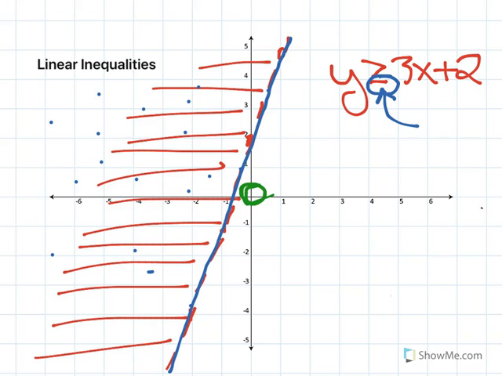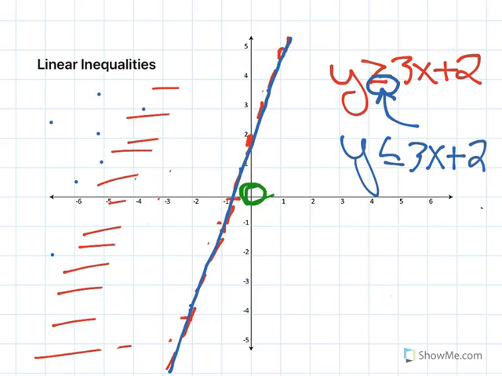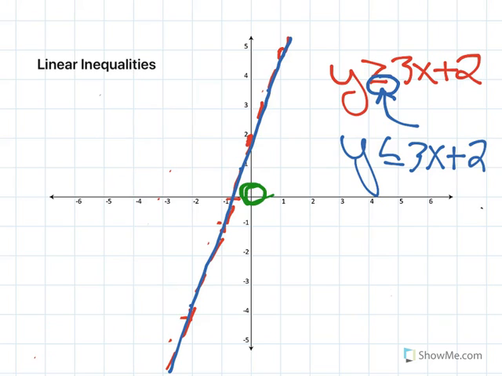Now, if I changed it to y is less than or equal to 3x plus 2, it'd be the same line, except now this side would be shaded.